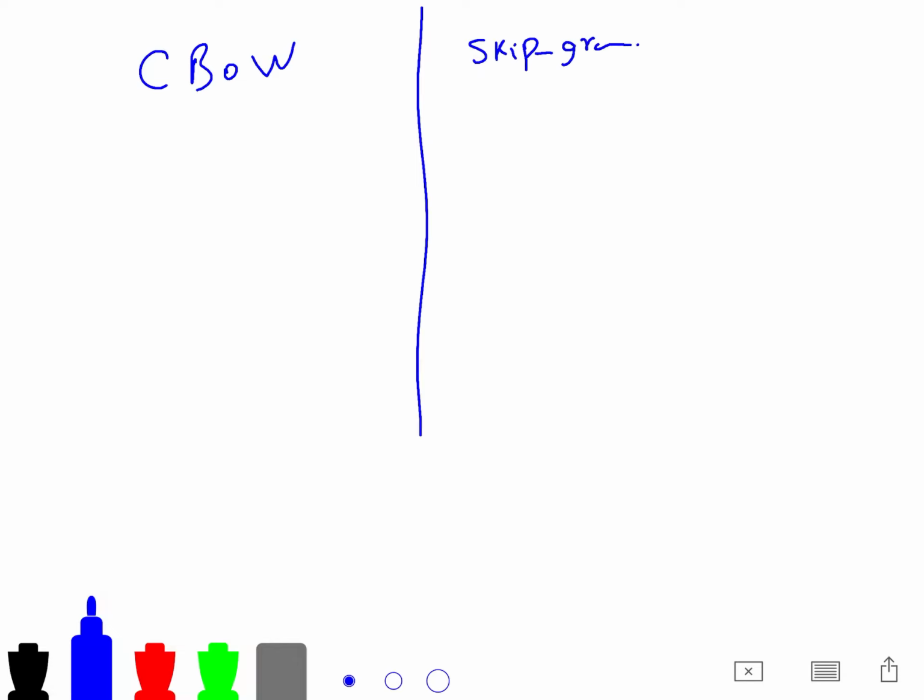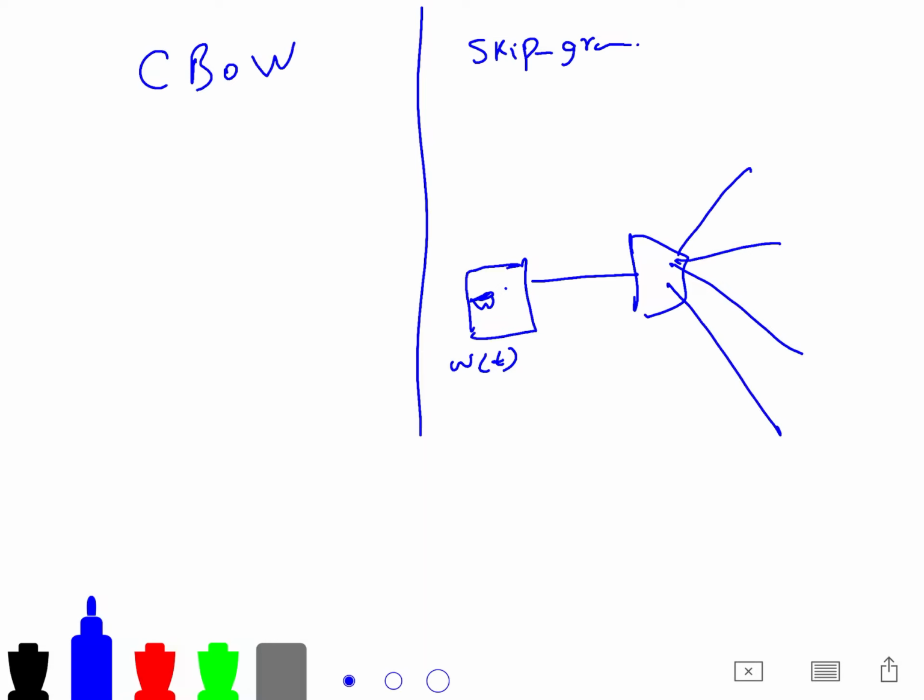For word2vec, in skipgram, you have a word, you have WT, and then you have some context around that word. For example, WT minus 2, WT minus 1, WT plus 1, and then WT plus 2. But continuous bag of words is quite the opposite.